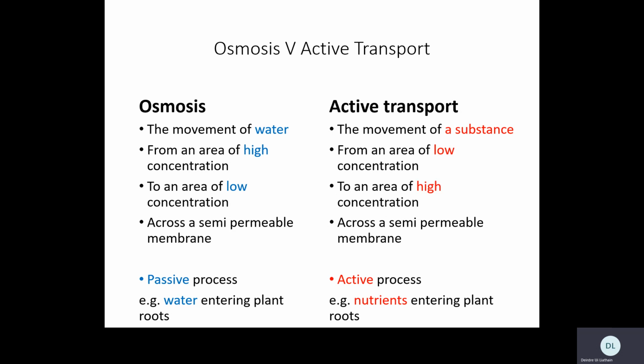It's going from a place where there's loads of water to an area where there's less water, and that doesn't require energy. And then when you think of active transport, you should be thinking of forcing something against the gradient. So you're forcing nutrients into the roots where there's already a fair amount of nutrients. And how do you do that? Well, you do it by using energy to pump them in against that concentration gradient.